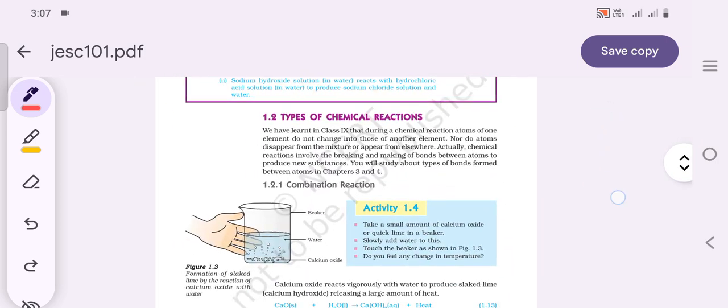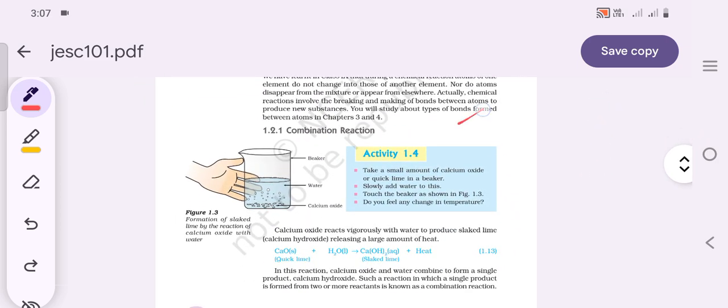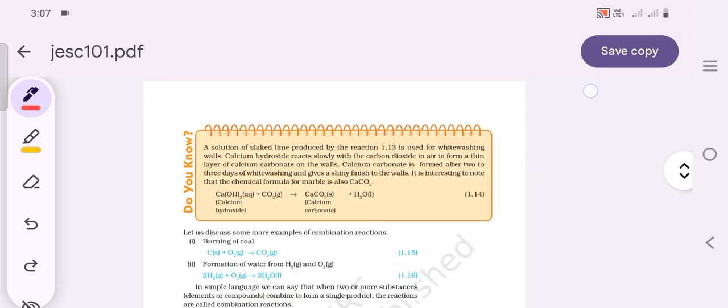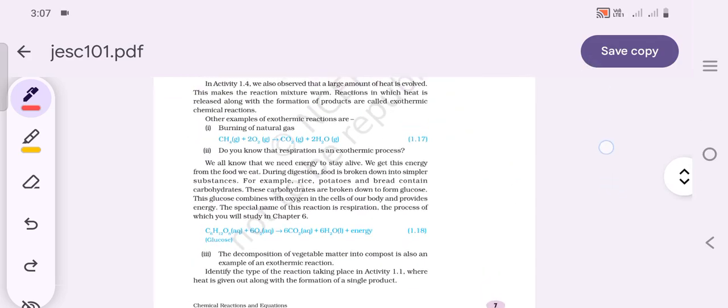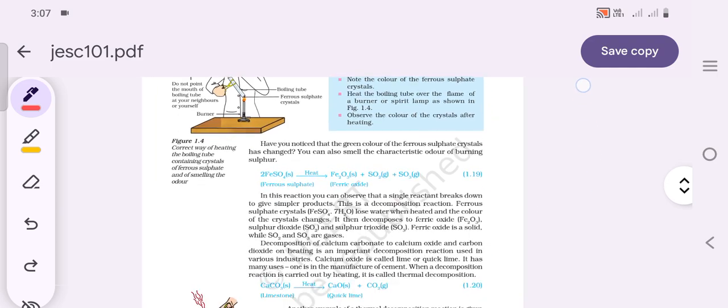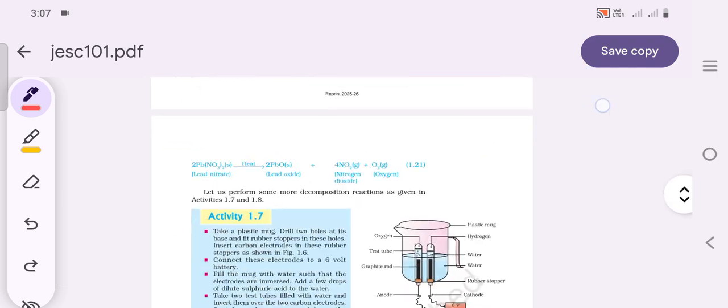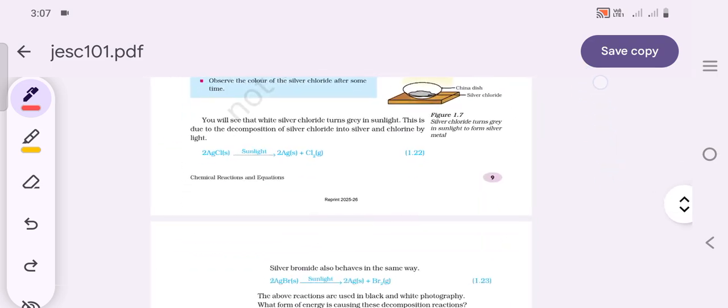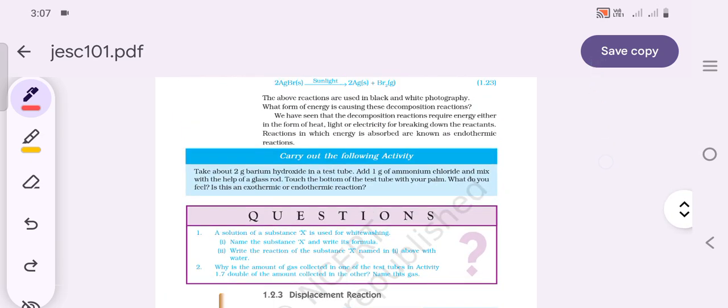We also discussed types of chemical reaction: first the combination reaction, then the decomposition reaction. I think that is all we have discussed.